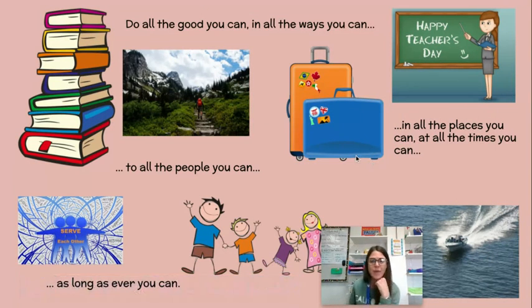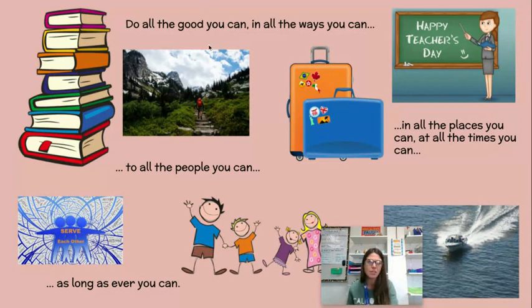And then I feel like we haven't traveled in a really long time. And we really like to travel and go see new places and see people that we don't always get to see. And so these suitcases show that when COVID is all over and in the future, I hope that we get to travel again. And then I found a quote that I just want to be important to me.